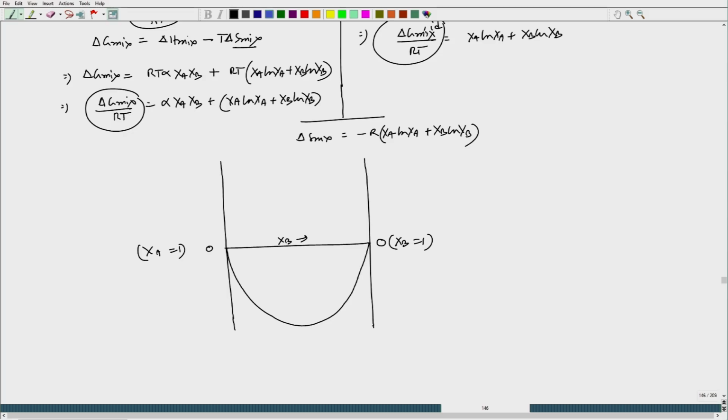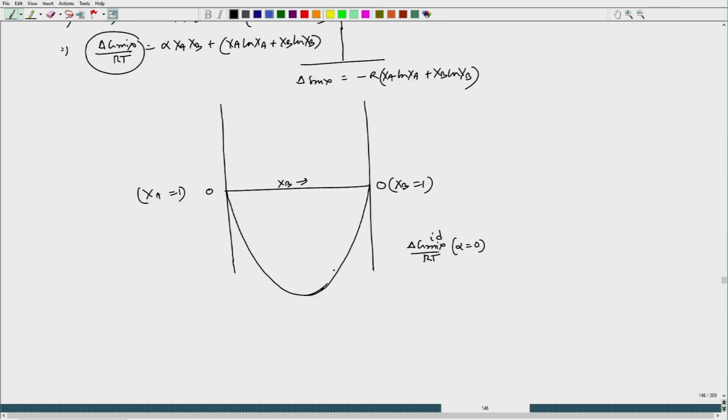This is delta Gmix by RT when alpha equal to 0, and it is nothing but ideal. I can push it a little downwards, then only I will be able to put other free energy curves. Okay, so this is that.